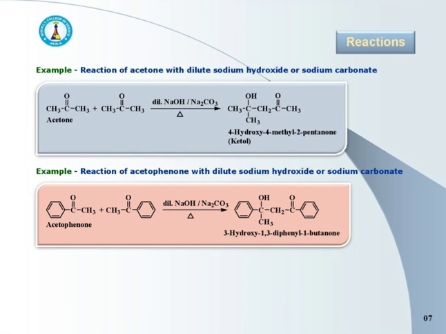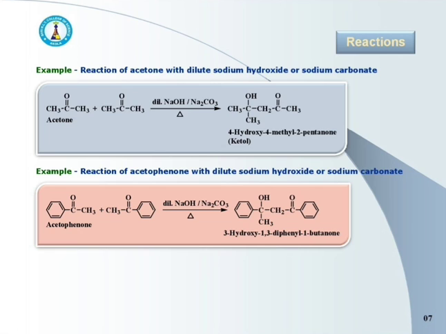Next examples are of reactions of acetone and acetophenone with dilute NaOH or Na2CO3, that is dilute sodium hydroxide or sodium carbonate. When acetone or acetophenone is heated in presence of dilute sodium hydroxide or sodium carbonate, beta hydroxy ketone is obtained.